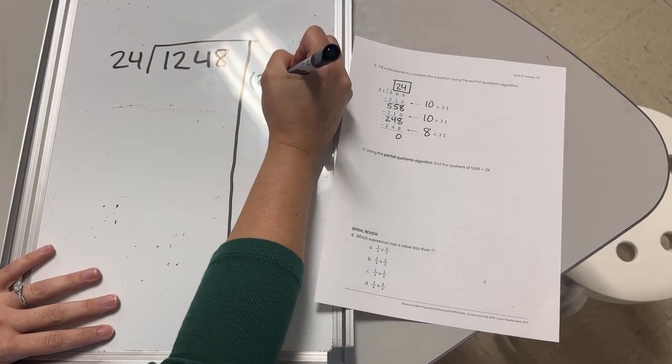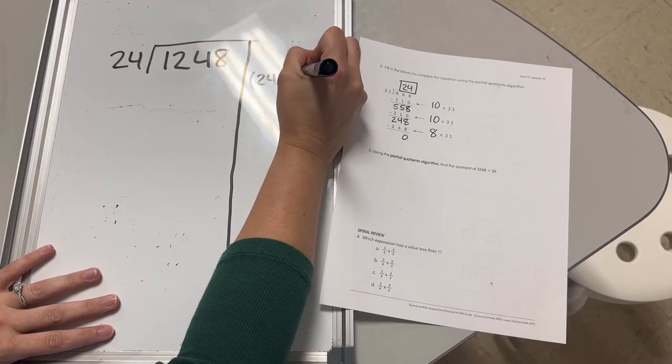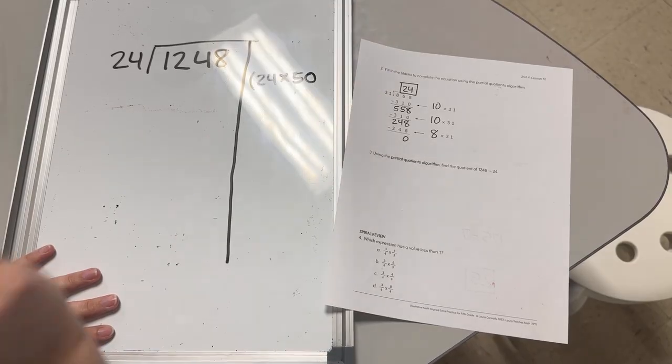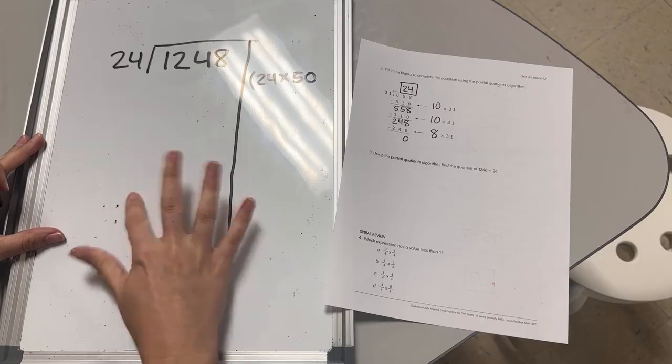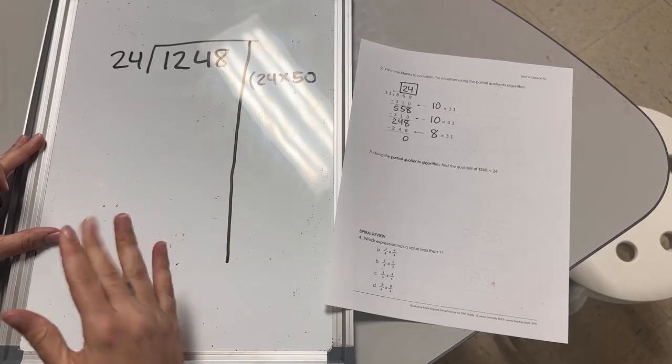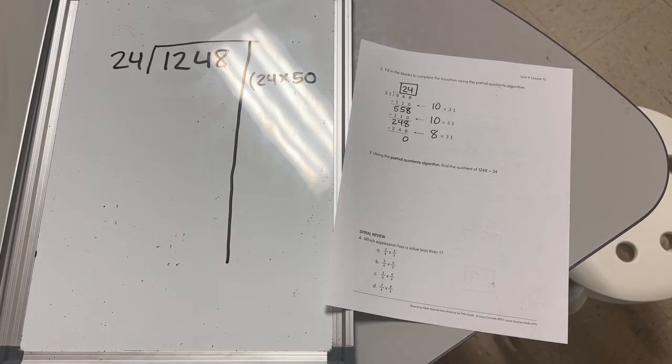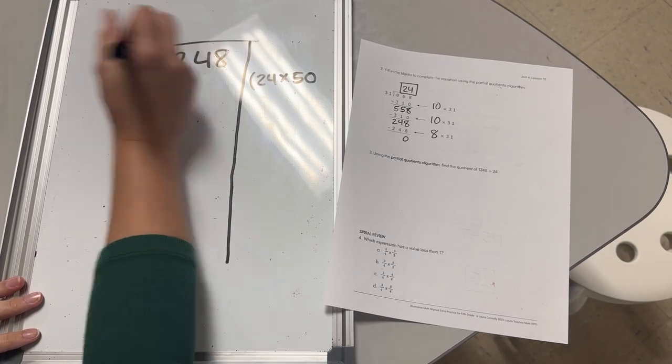So my 24 times 50. Sorry. 24 times 50. Well, I could do 24 times 100, which is going to be 2,400. And then I just split that in half, and it gives me 1,200.